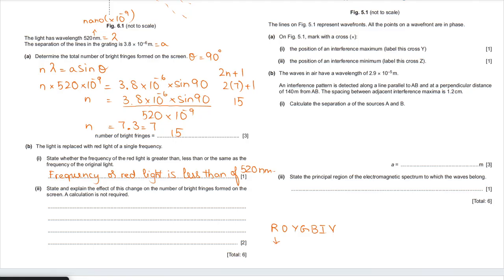State and explain the effect of this change on the number of bright fringes formed on the screen.